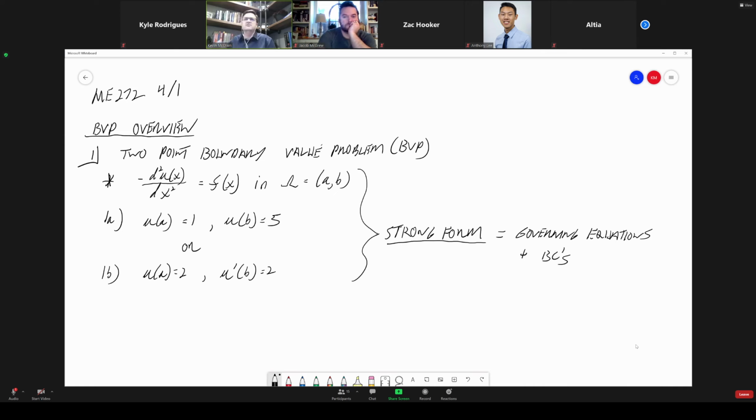The bottom line is, this is not the problem we're going to solve. We're going to put these things called weight functions in this to make it look a little bit different, so that we can force relationships that we can't force in this strong form boundary value problem.